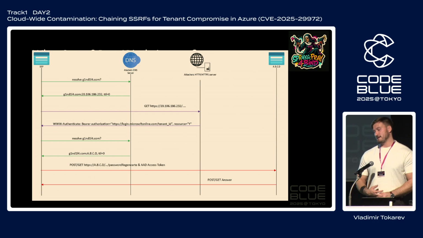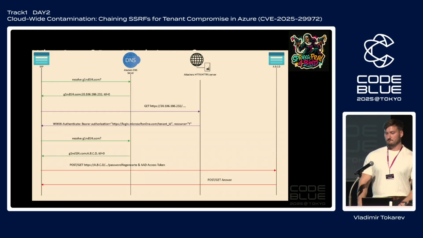Then SRP will do a lot of resolves because of the SSRF, but the winning attempt will resolve Gandalf again, and this time the attacker DNS server will return an IP. SRP will send the POST or GET with the ID token too, which is pretty cool because now we control what we try to attack, right? Now we actually can make SRP attack something for us, which is pretty dope from the attacker perspective. From the defender perspective, it's not that dope for sure.